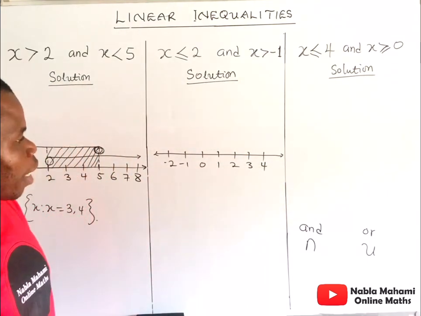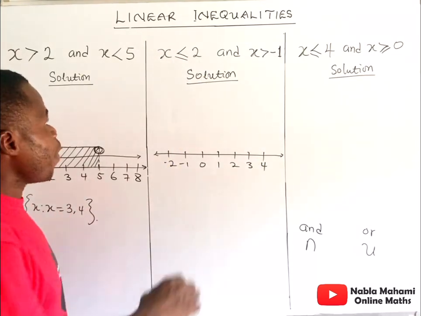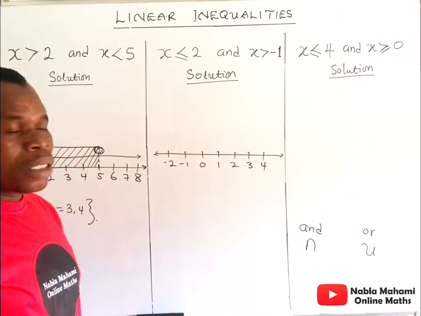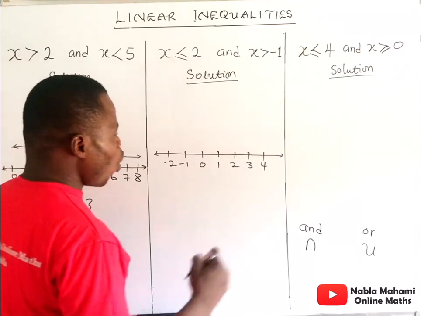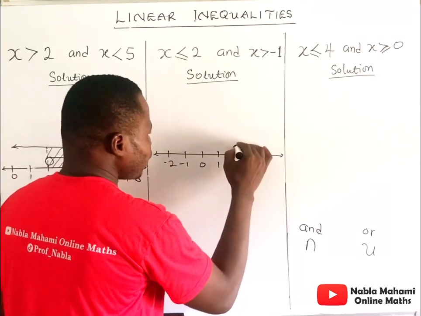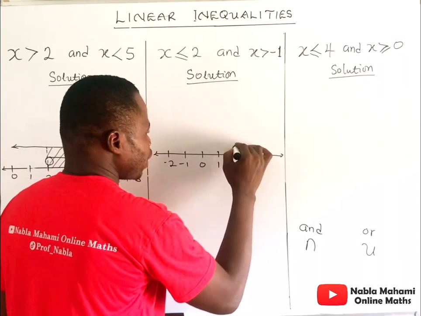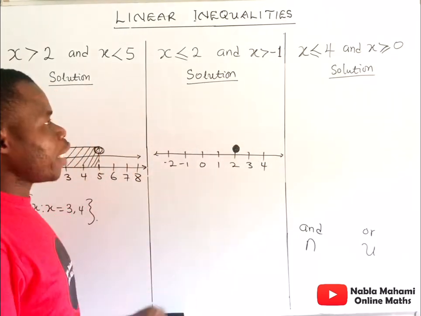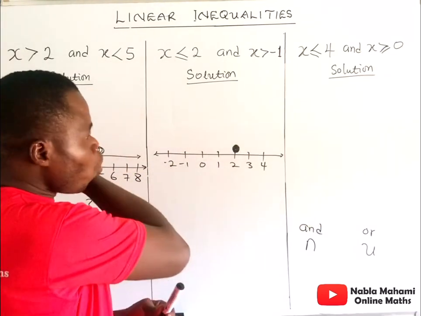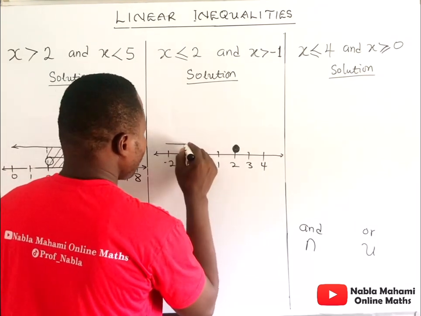You draw the number line in such a way that the values that you have, you can get them on the number line. So here, the first one is x is less than or equal to 2. So I'll go on 2, draw my circle, and paint it because it is less than or equal to. So I have to paint it, meaning this 2 is included. Then you see that the sign is facing this side. The arrow will go to the left direction. So I will now draw my arrow this way.